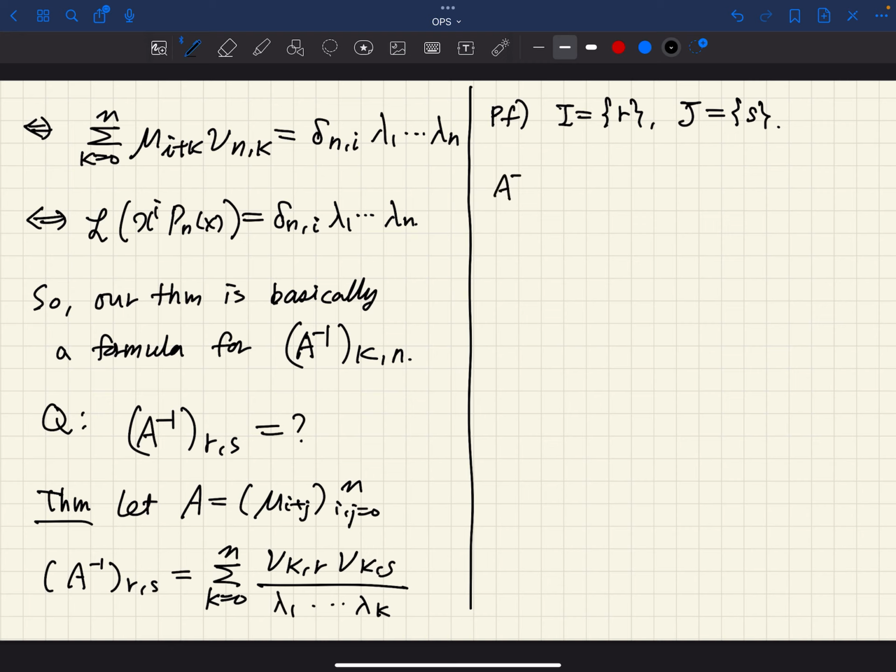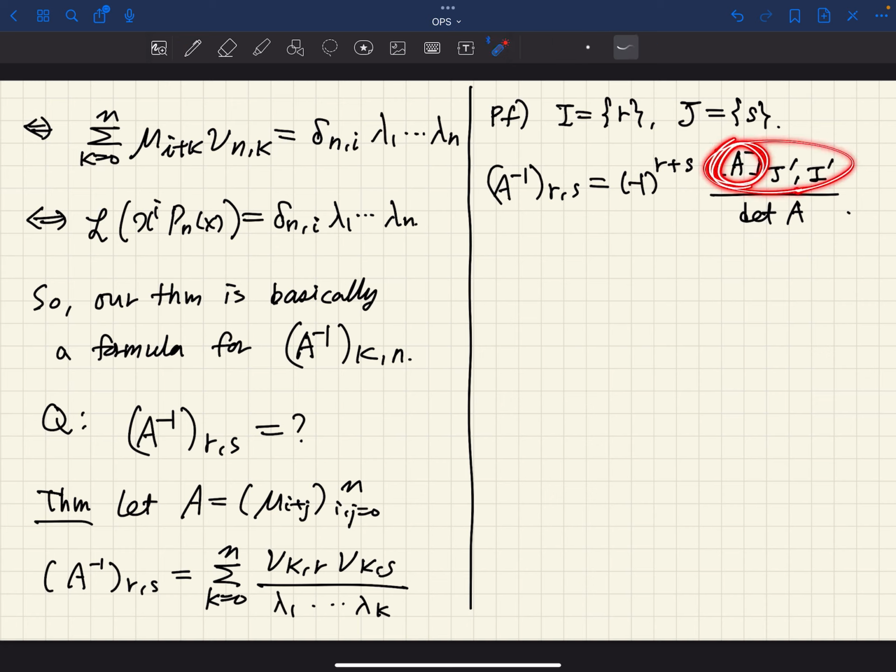What is the matrix entry of this inverse? Then using the inverse minor theorem, (-1)^{r+s} times the minor over the determinant. So we need to look at this. But this is the Hankel determinant, the Hankel matrix, so we basically subtract one element from the row and column, like that.